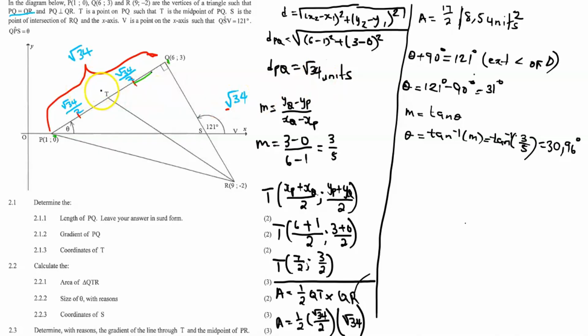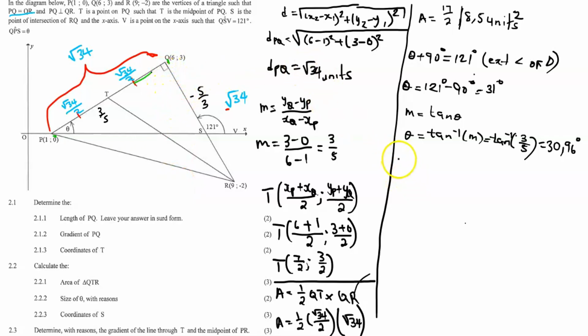Now since we know that the gradient of PQ is 3 over 5, that means the gradient of QR is going to be negative 5/3, which is the negative reciprocal, since we do know that they are perpendicular to each other.